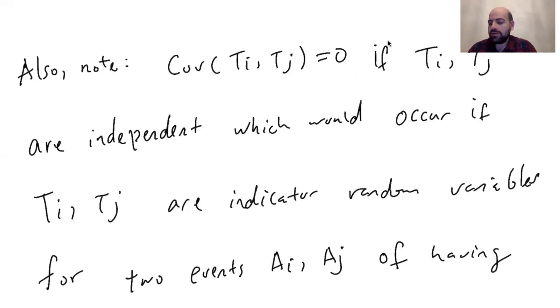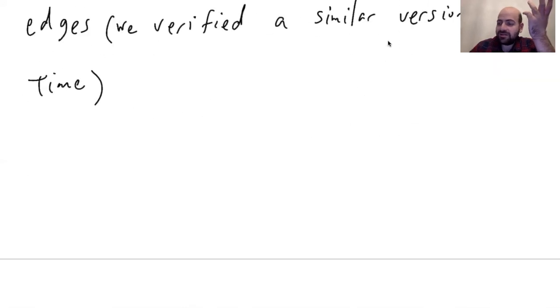Now, what about the other possibility? If the edges are not disjoint, well, we are talking about triangles, right? So if you have two edges in common, then the third edge must be automatically common as well, and the triangles would be the same, and the events would be the same as well.